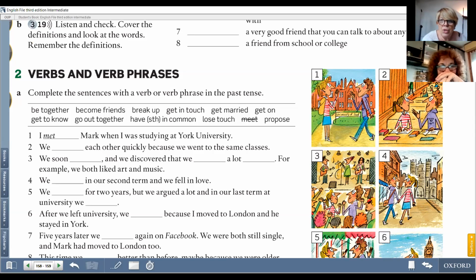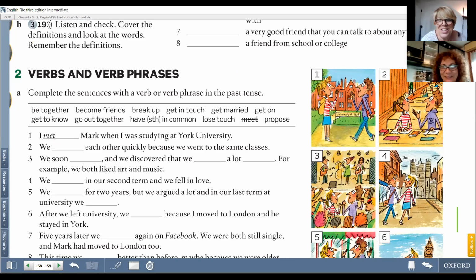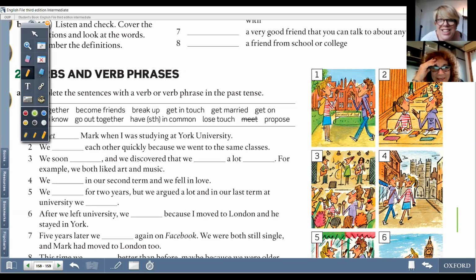Okay, so you see the picture? We have those pictures here. Wait, I have to move the faces. I have a pen now, but I can't go on, otherwise I'm writing on the book.